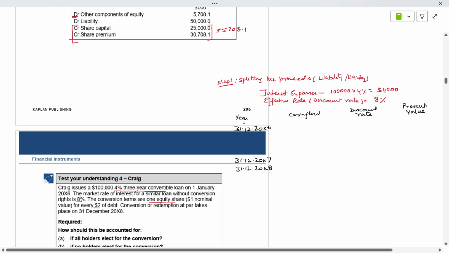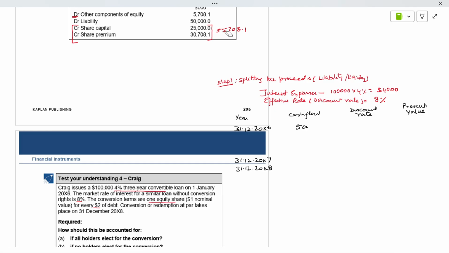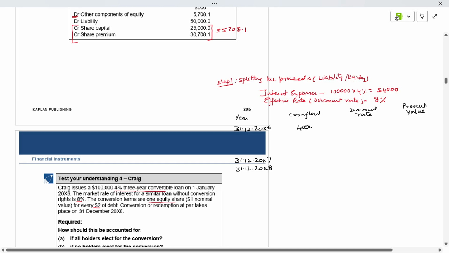They have given it for 3 years. How much is the cash flow? Cash flow is 4,000. The second year it will be 4,000. The third year will be 100 plus 4. Getting my point? 100 will be the principal, 4,000 will be the interest.